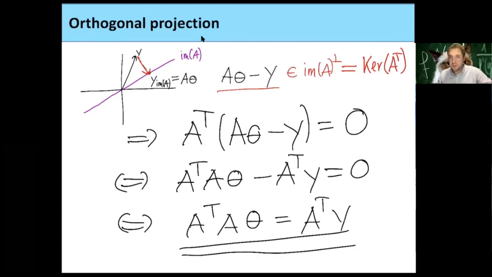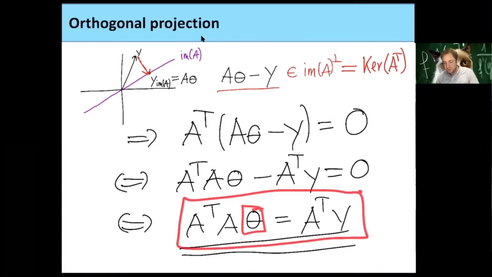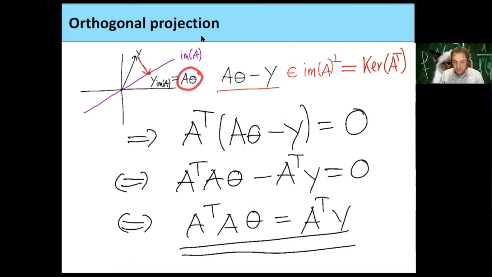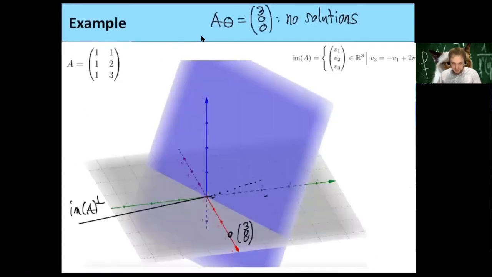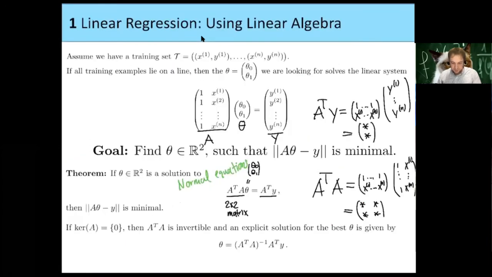So this is the equation we had at the beginning, and therefore we see if we find a theta which satisfies this condition here, then this theta, if we multiply it with A, will give the point on the image of A which is the nearest point to this y, and therefore this difference here is minimal. And therefore we get exactly this statement here.